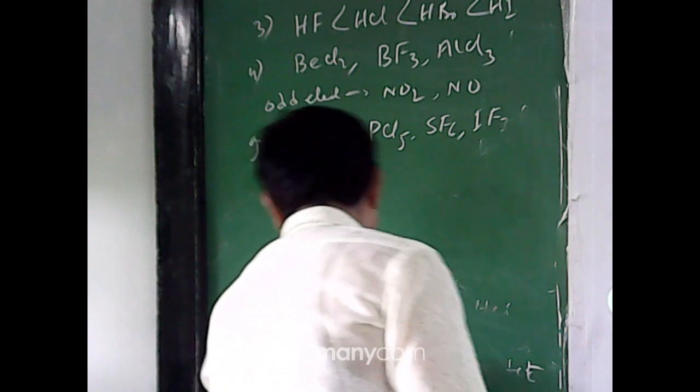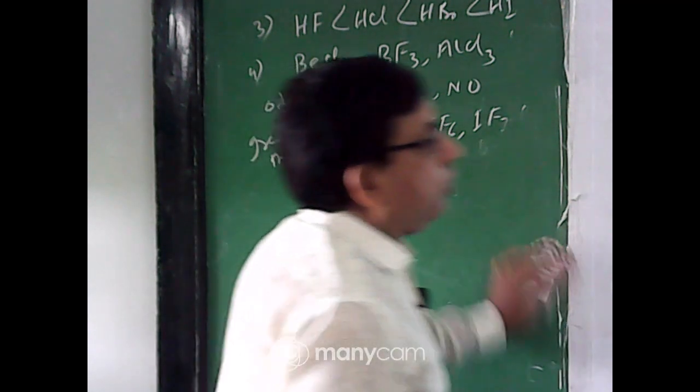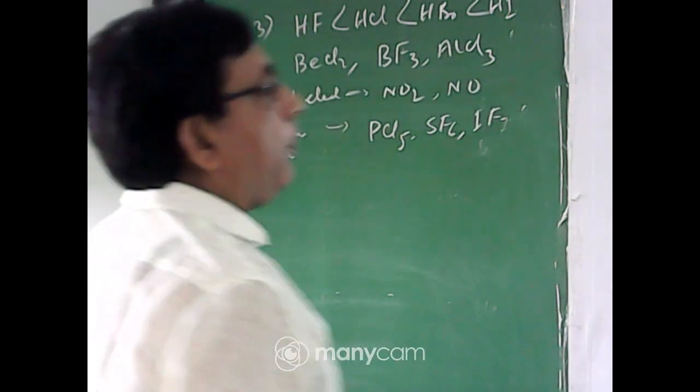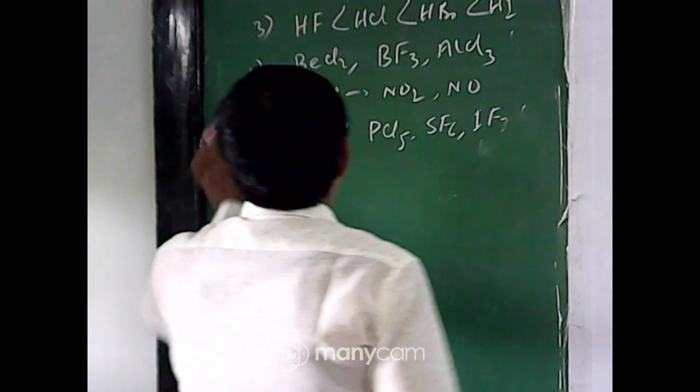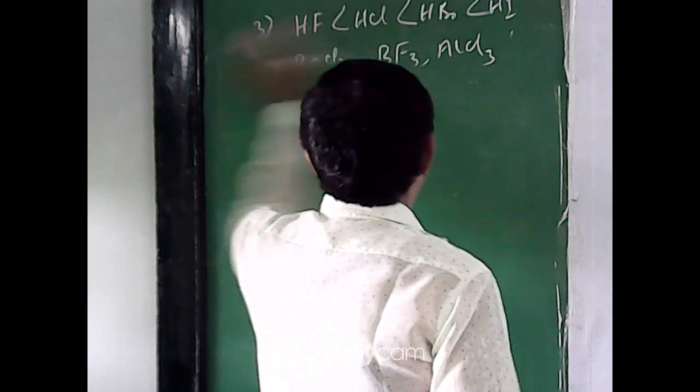Now write the next question. What is the question? How many sigma bonds and pi bonds are in an organic compound with a CHO group linked with a benzene ring? So write the question in this way.